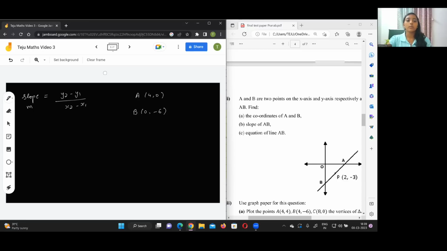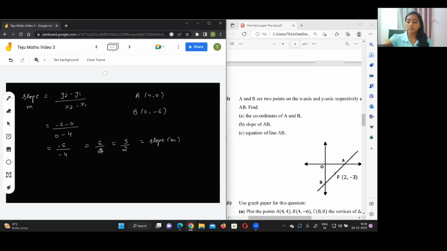So y2 minus y1 is minus 6 minus 0 by 0 minus 4, which is minus 6 by minus 4, which is 6 by 4, which is nothing but 3 by 2. So the slope of AB is 3 by 2. This is the slope, which is M, right?